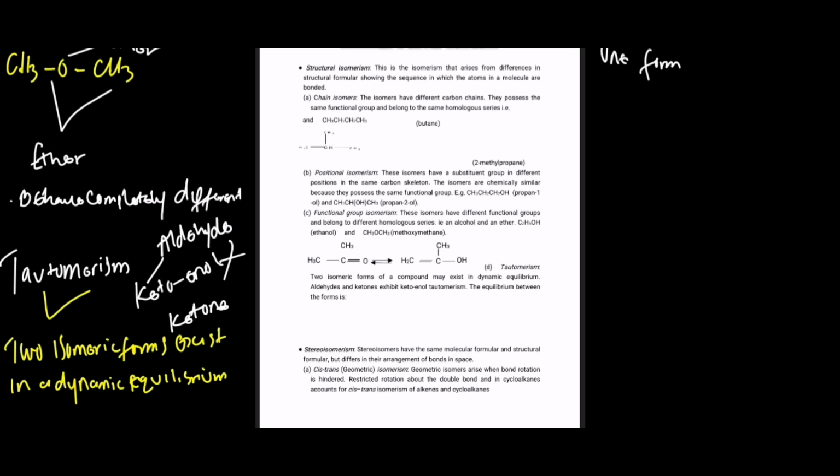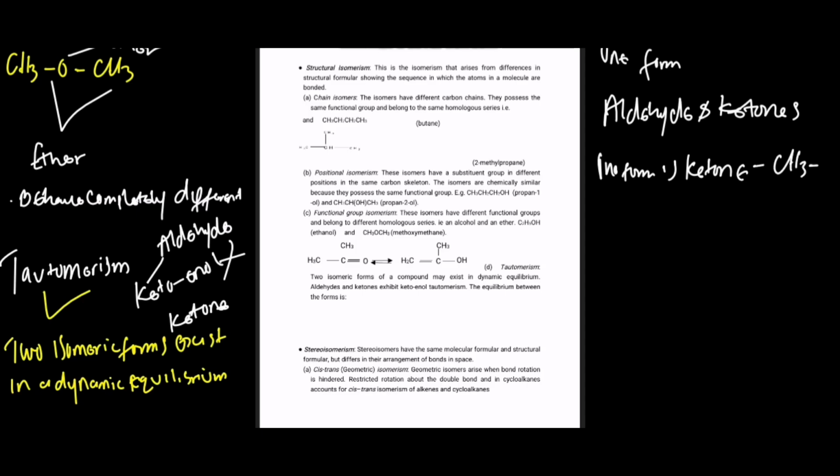The keto-enol tautomerism is seen mostly in aldehydes and ketones. One form is the ketone form, which is CH3, C=O, and CH3. This is the functional group of the ketone.